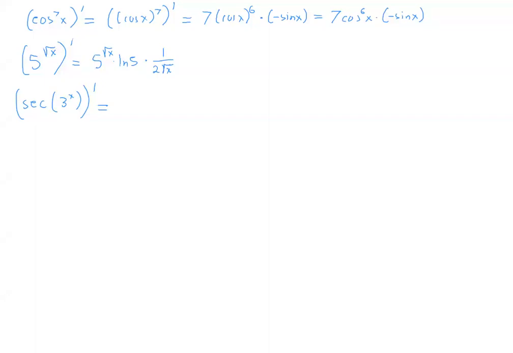So this is why I said it's different. Y here occurs in two different places. So we have to write tangent of y. Again, we never write y. We write 3 to the x times secant of 3 to the x, and then we multiply this by the derivative of what we designated as y, which is 3 to the x ln 3.